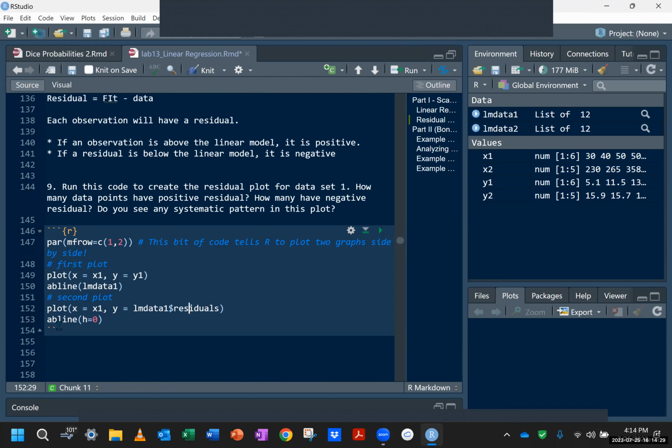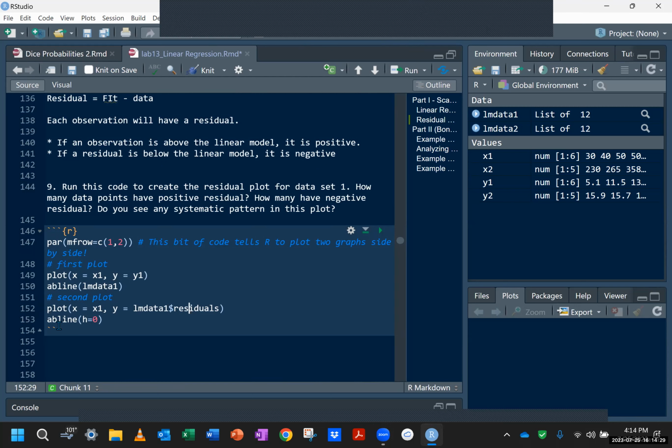The deviations from our line are plotted here, and they look random, so that's good. So how many data points have positive residual for this example? I would say 2 have positive residual because they're above. 2 are positive, 3 have negative. And I would say there's no pattern to this. It looks kind of random to me. That's how to answer these questions.